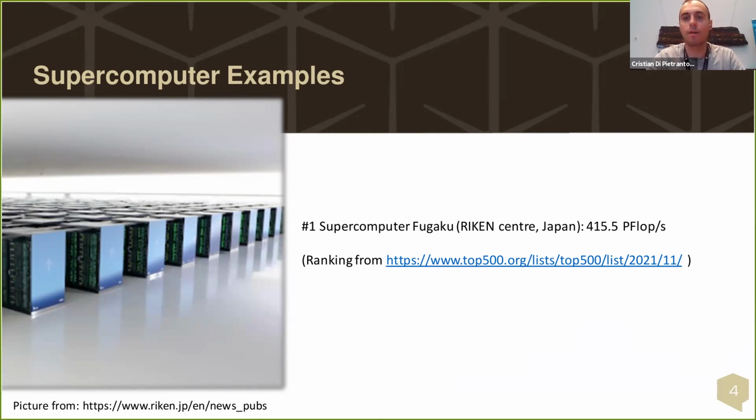It is capable of performing 415 petaflops, that is billions of operations per second. This is several orders of magnitude more than your laptop. It is the most powerful supercomputer in the world today, and it allows thousands of researchers to perform their calculations at the same time.